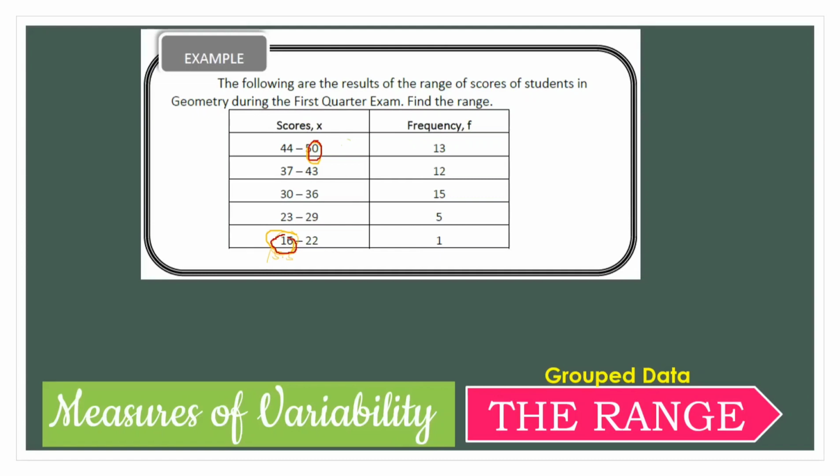For the upper limit, we get its average with the lower limit of the next one, but there's none. That's why we simply write there 50.5. So the exact boundary of this is 50.5. On the other hand, the exact lower boundary is 15.5.